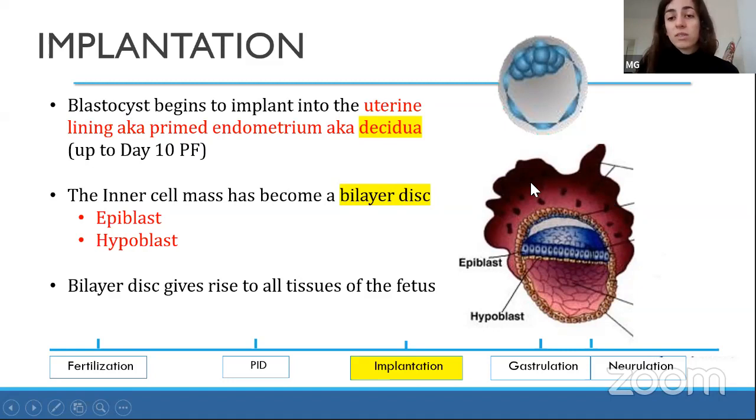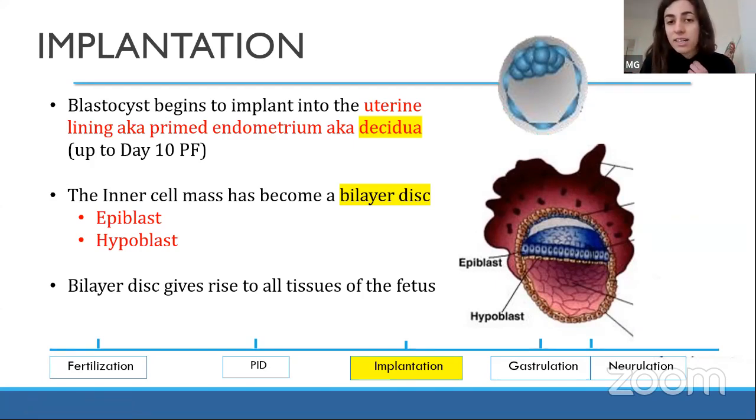You can see over here this big sort of pink wave is the trophectoderm starting to invade the decidua. So if we zoom a little bit, we can see this cell is a trophectoderm that is still looking like cells, and this is a trophectoderm that looks like an invasive wave.